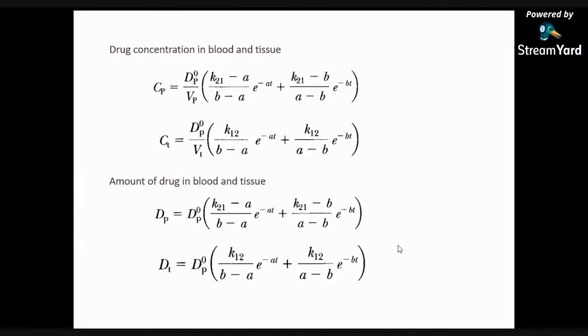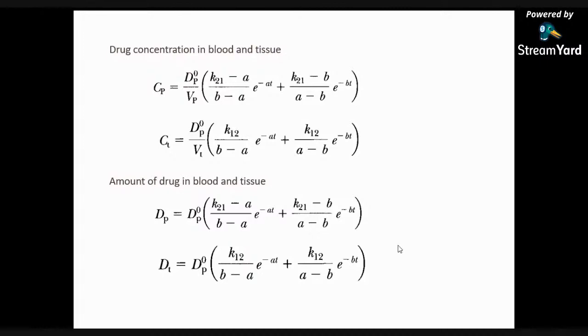Then in case of Dt we can say that Dp into k12 upon b minus a into e to the power minus at plus k12 upon a minus b into e to the power minus bt.